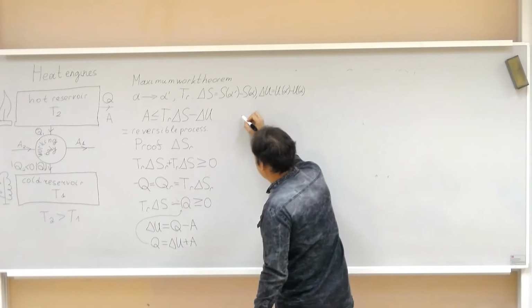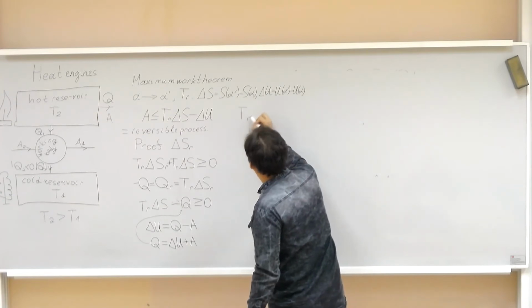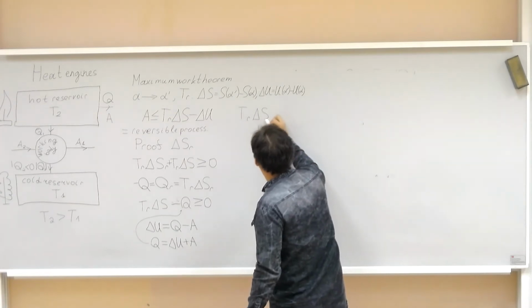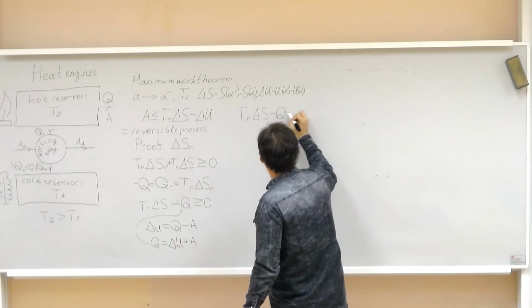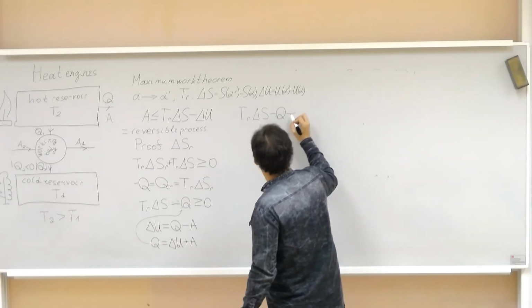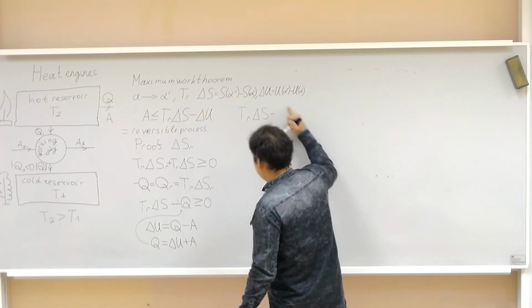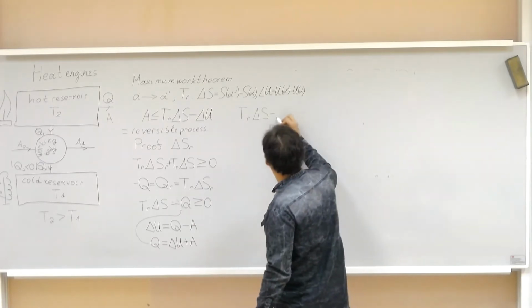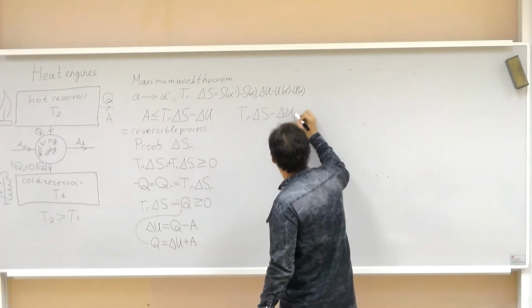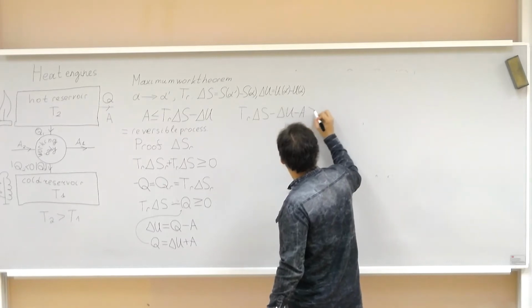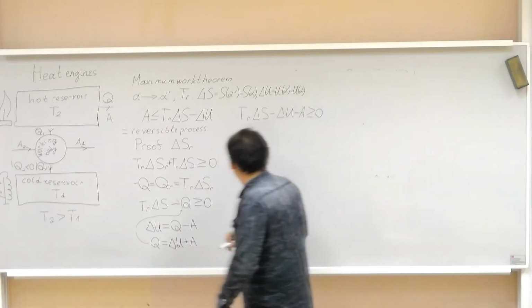So we get T_R delta S minus delta U minus A greater than 0.